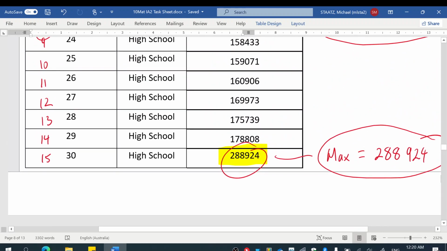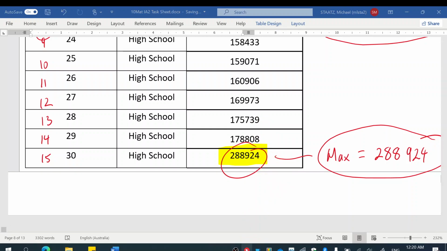So we should also go back and have a look at the next value, 178,808. That is inside my fence, so that's not an outlier. So it's just the 288,000.